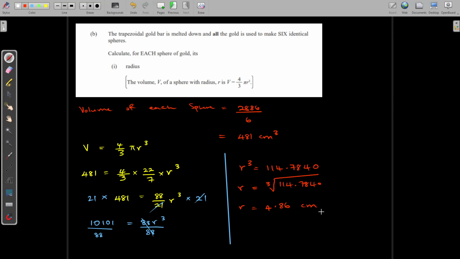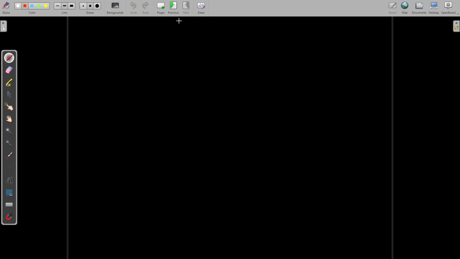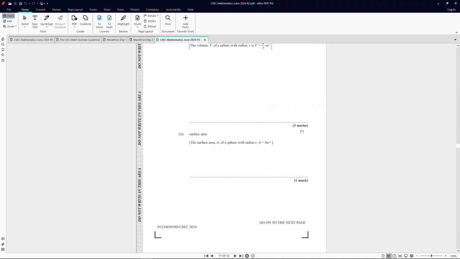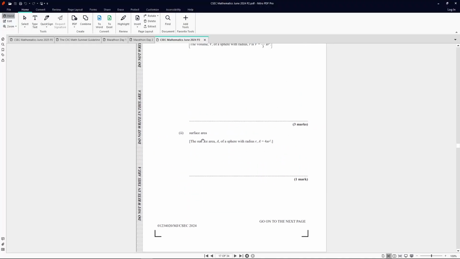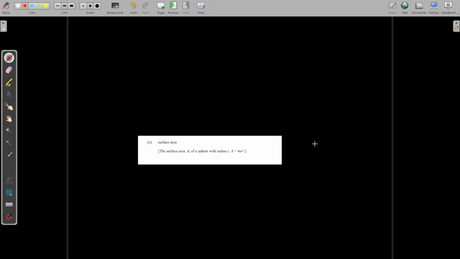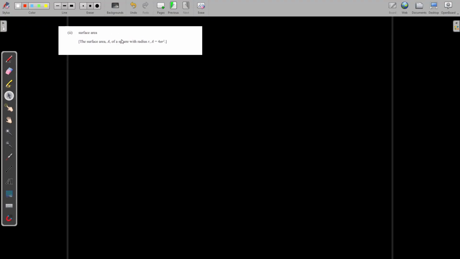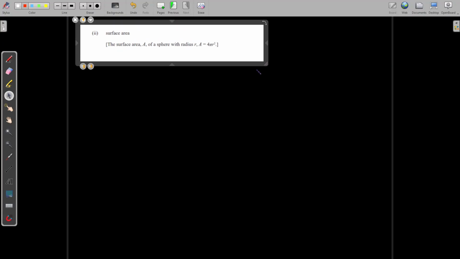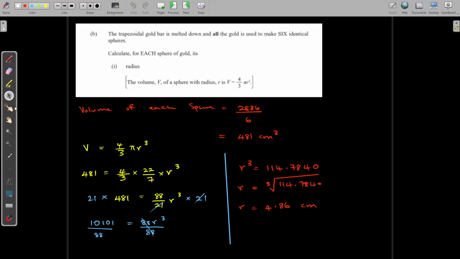So I have to just look at what they gave us, what they want from us, and how we can link the things together. Yes? You can go over that again, please. So they told us that the trapezoidal gold bar is going to be melted down to make 6 identical spheres.